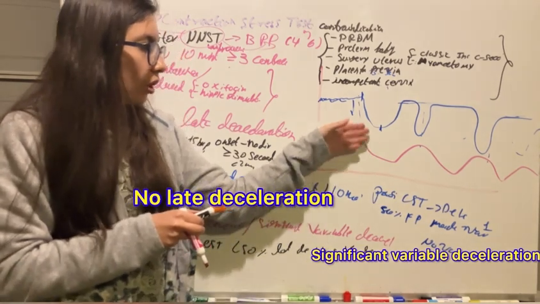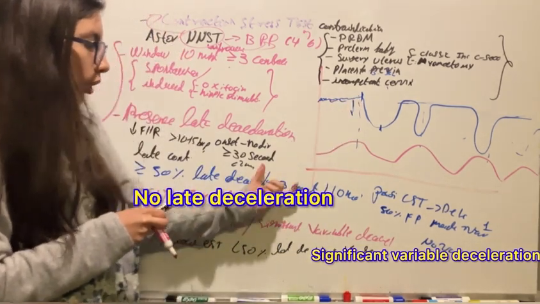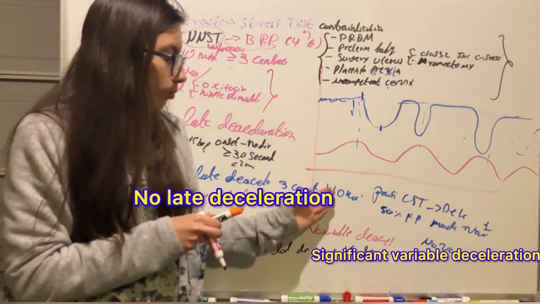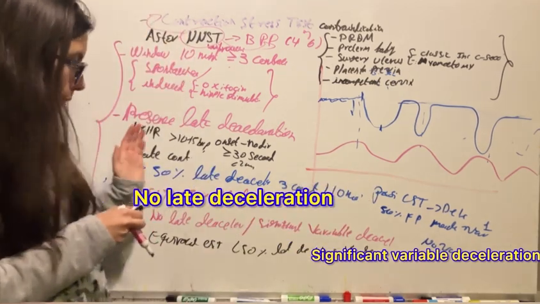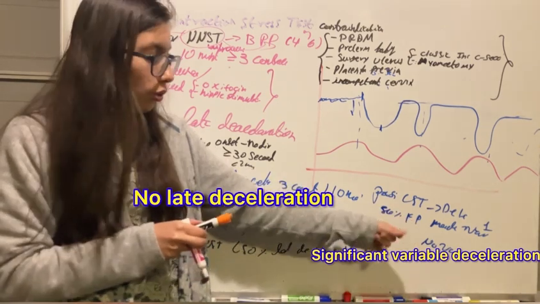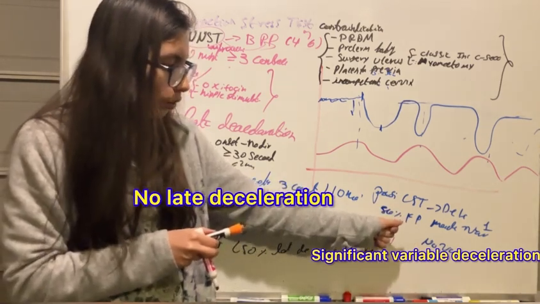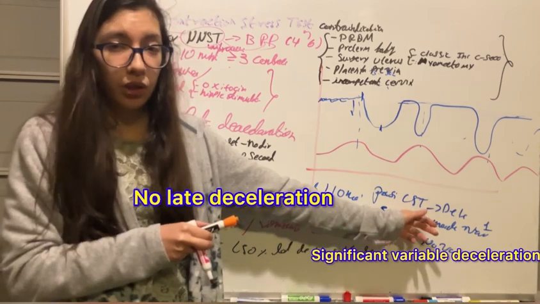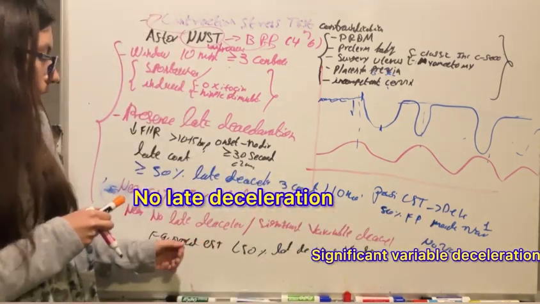More than 50% of late decelerations in 3 contractions during 10 minutes is a positive contraction stress test, and we should evaluate for delivery. Also, we should consider other factors, for example, the variability of the fetal heart rate.